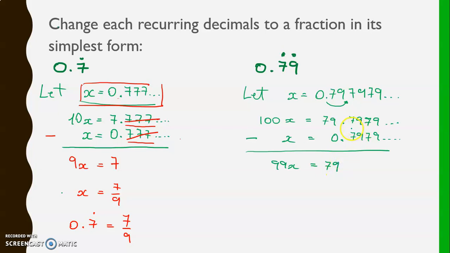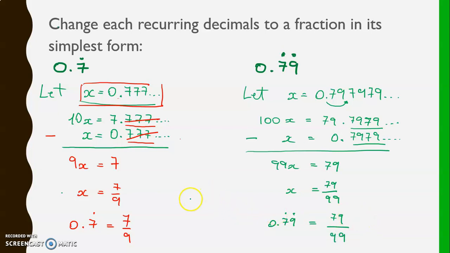So once we have the same digits after the decimal point, when subtracting these they will end up being 0, 79.0000, which is just 79. So therefore x is equal to 79 over 99, which is in the simplest form. So 0.79 recurring is equal to 79 over 99.